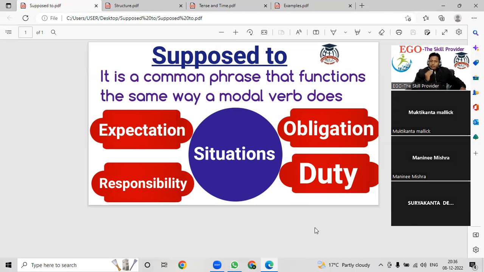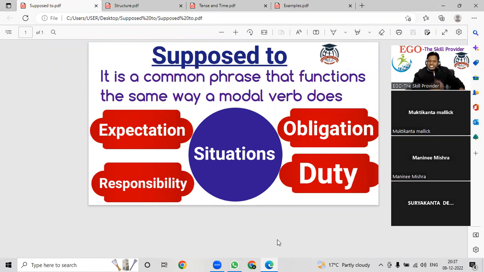Because there are four different situations where we use it. The first one is expectation. The second one is responsibility. The third one is obligation. And the fourth one is duty.